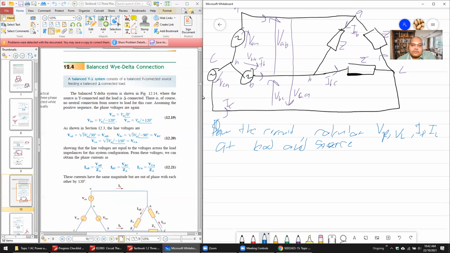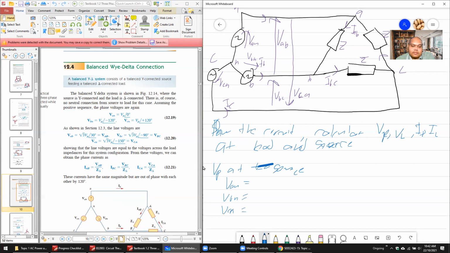So the first thing to do is find the V line, V phase at load, at source. Of course, remember the positive sequence VAN, VBN, VCN.